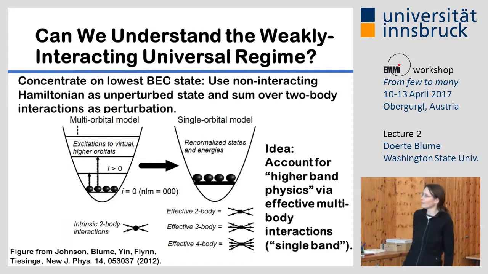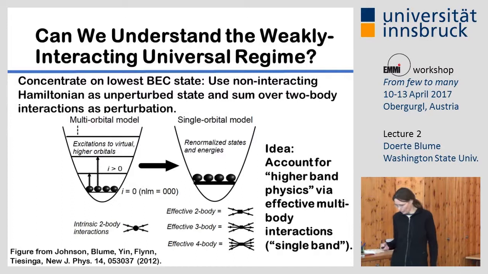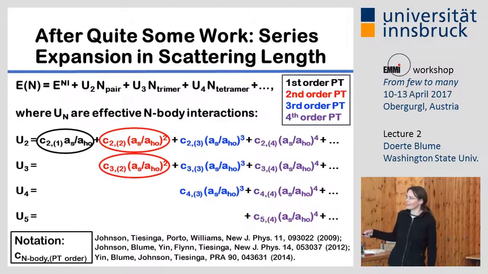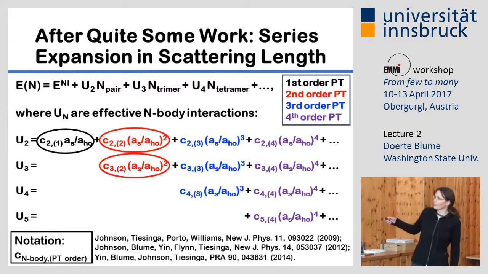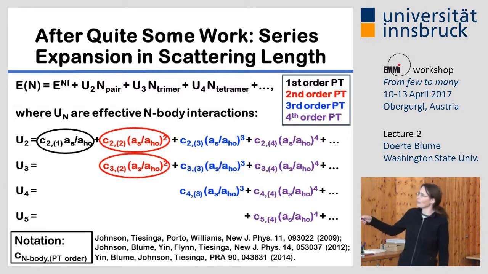And I actually haven't answered that question yet. And what I have to say is that when I showed you this slide here, I didn't tell you the full truth. What I mean by this is, all these effective n-body interactions that I have here are all determined by the S-wave scattering lengths.